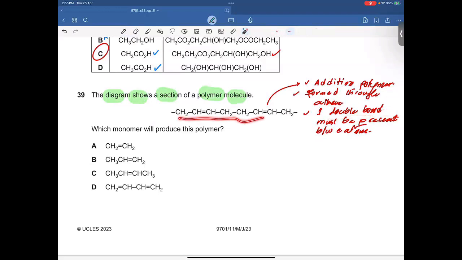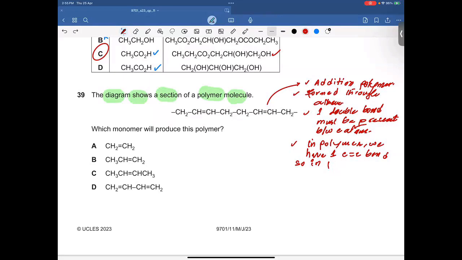But in this polymer, we have one double bond, which means in the monomer, we must have two double bonds. So let me check in which option we have two double bonds.